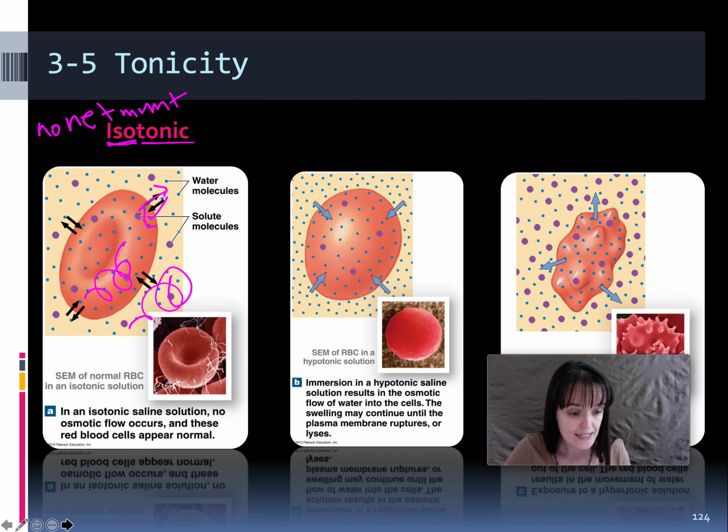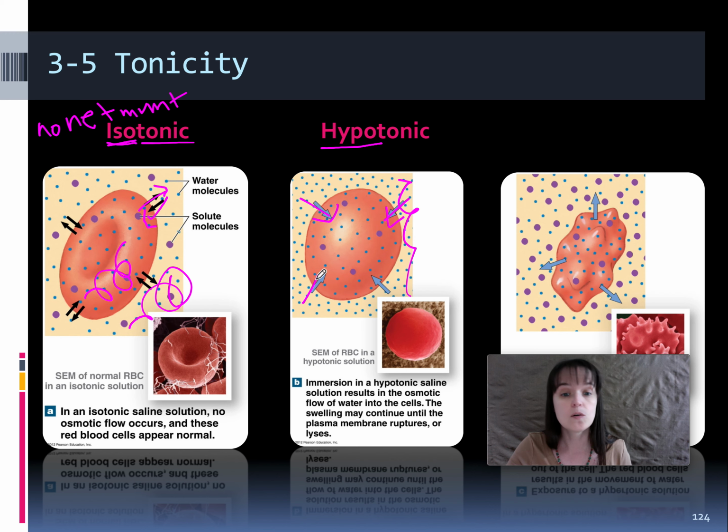Okay, next we have hypotonic, and hypo means less. So if you put a cell in pure water, hypotonic, with a lower osmolarity than the inside of the cell, then the osmosis will bring water into the cell, but no water will move out of the cell. And this causes hemolysis.